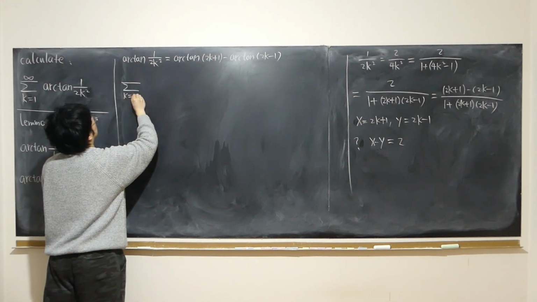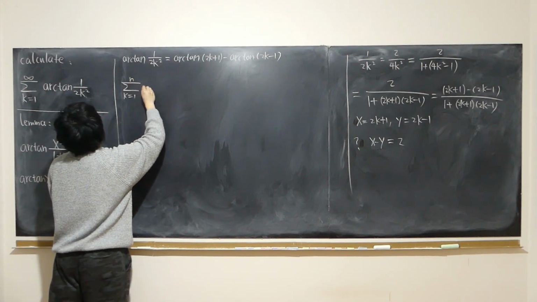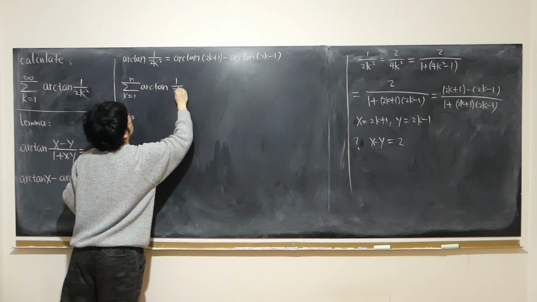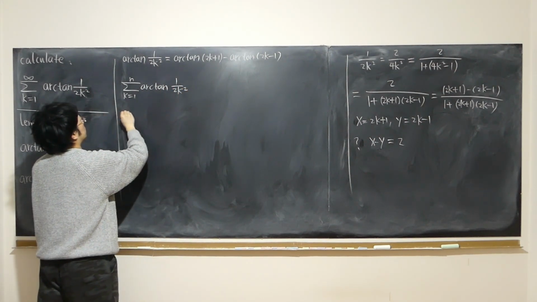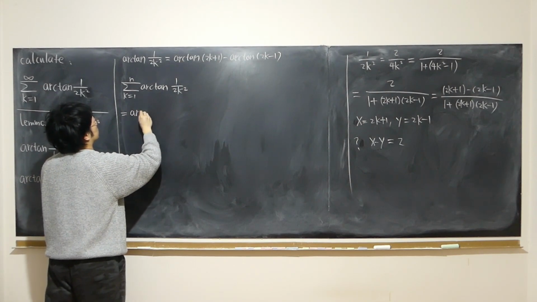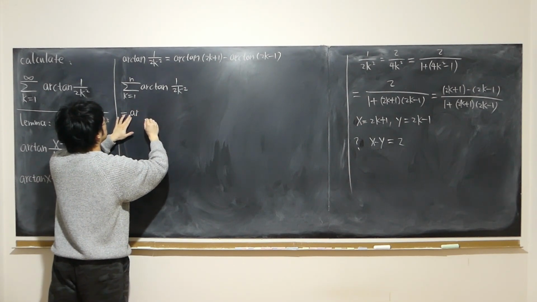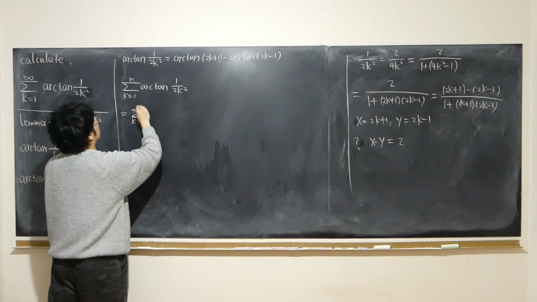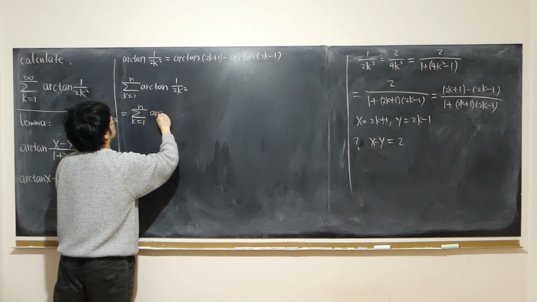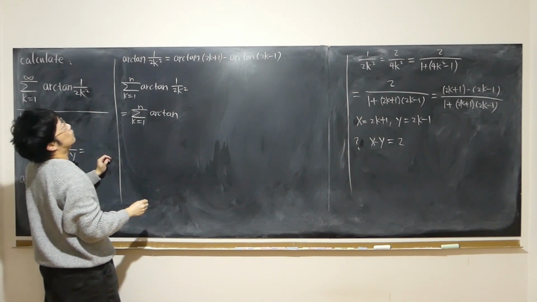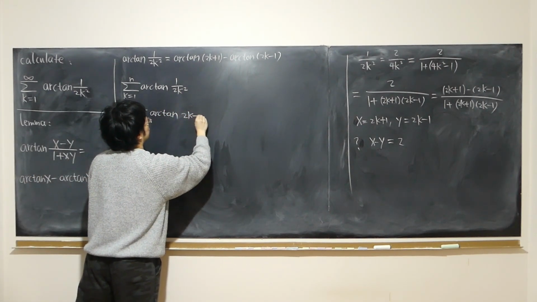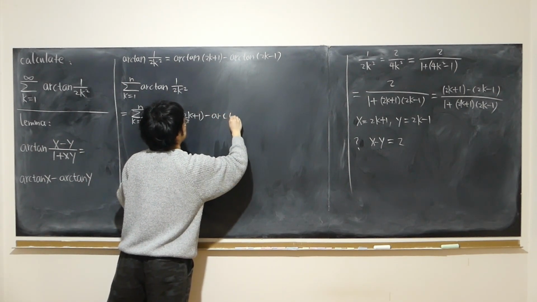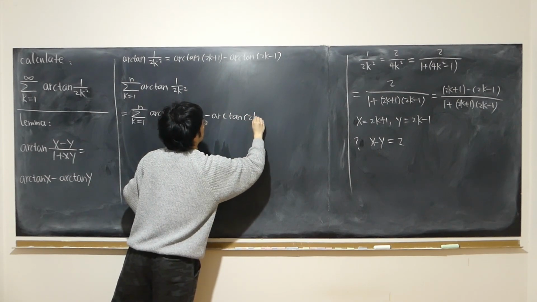So all I need to do is to look at the finite sum, k from 1 up to n of arctangent 1 over 2k squared. That is equal to the sum for k from 1 to n of arctangent of 2k plus 1 minus arctangent of 2k minus 1.